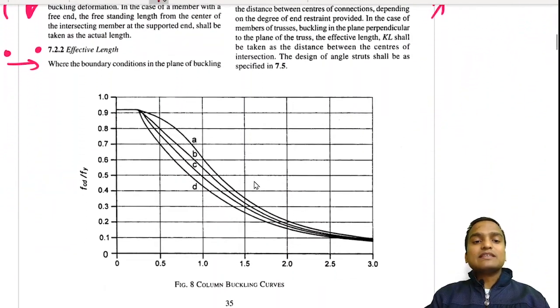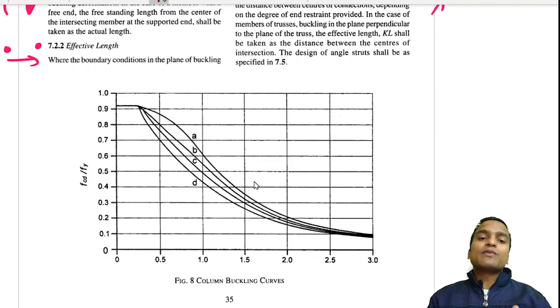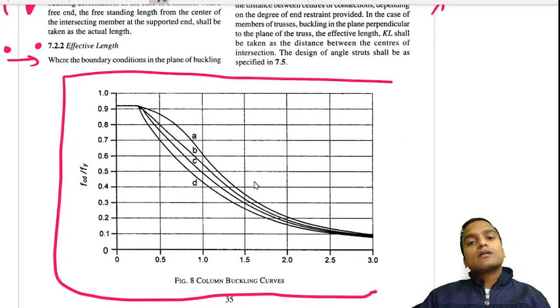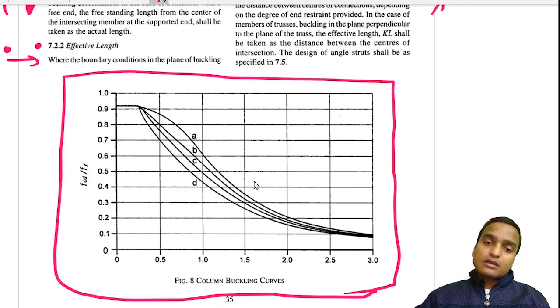And then you can see from where this concept of alpha came, imperfection factor, and this is the foundation table of different buckling curves in the compression members. And here we see that there are 4 curves A, B, C and D.